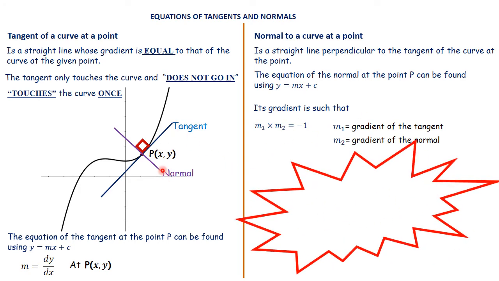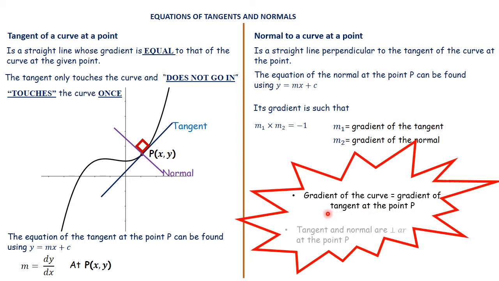To tie this together, the gradient of the curve and the gradient of the tangent at the point P are equal. Please master that. Also, please understand that the tangent and the normal are perpendicular at the point P. These are the two major concepts that I want us to always remember as you attempt questions on this, and I think that will be helpful for you.